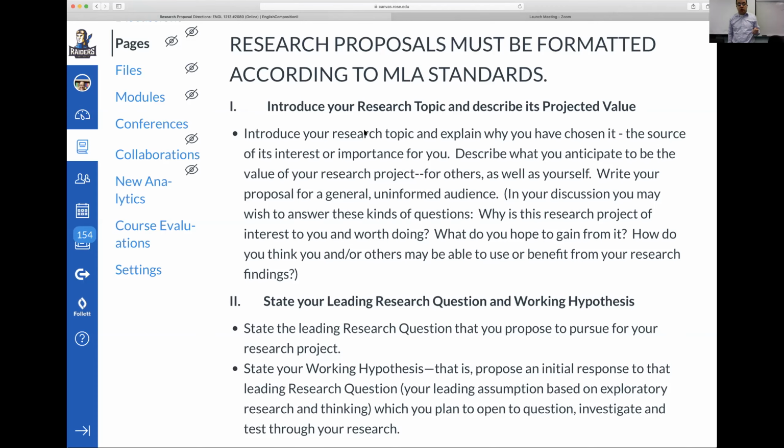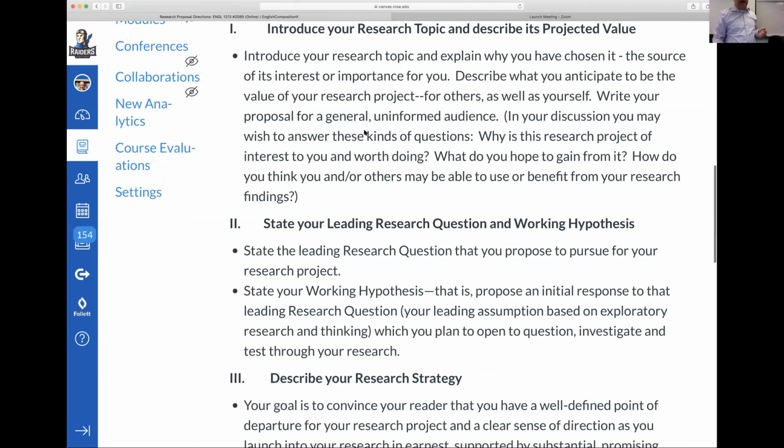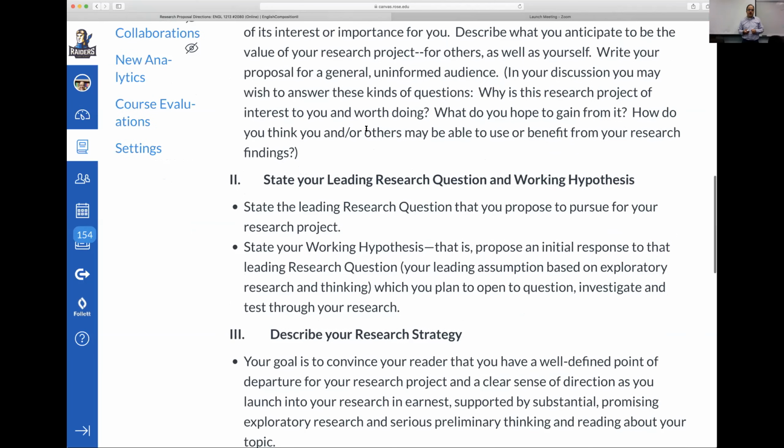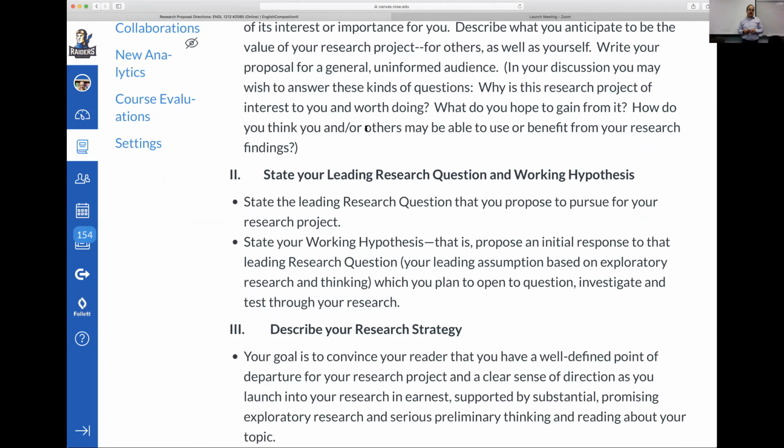You then move on to stating your leading research question and working hypothesis. So this is where you talk about the big question that your essay seeks to answer. So what is the best solution for the housing crisis or college debt, or if you're talking about particular professions, like what's the best path forward for a career in nursing or technology, or whatever it is.